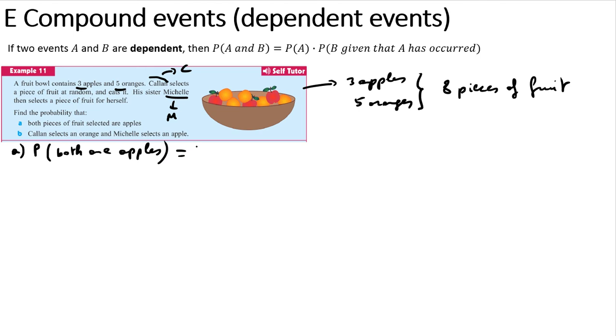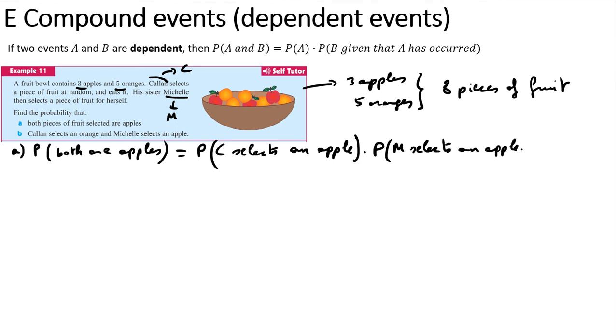That is equal to the probability that Callan selects an apple, times the probability that Michelle selects an apple given that Callan selected an apple before.